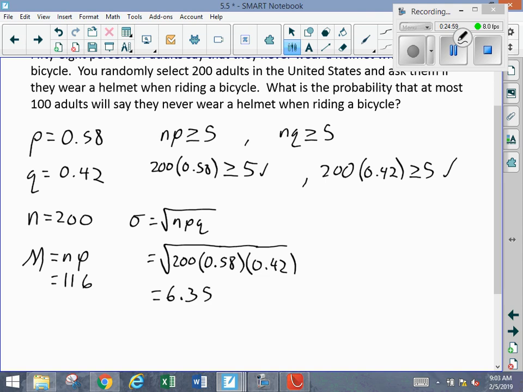Okay? What's the probability that we're looking for? We're looking for the probability that x is at most, so less than 100. Well, remember we have to do that binomial correction, so it's going to be less than 100.5.